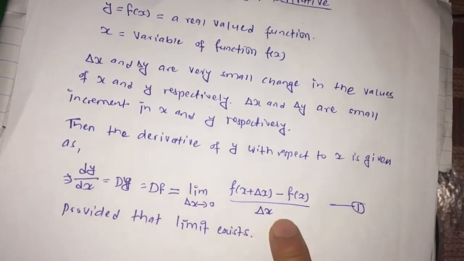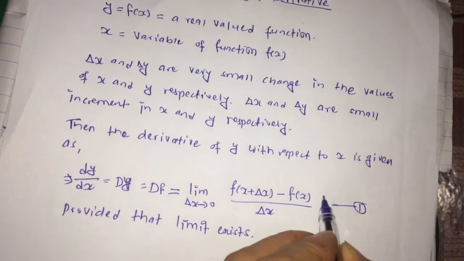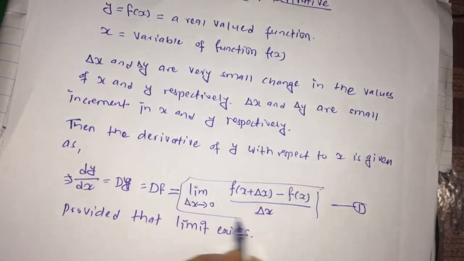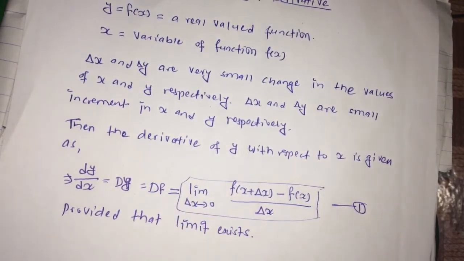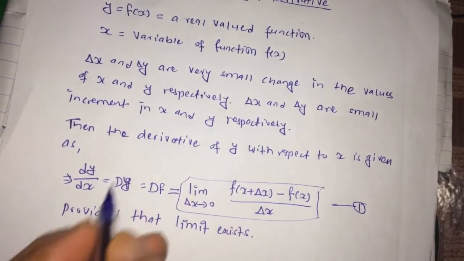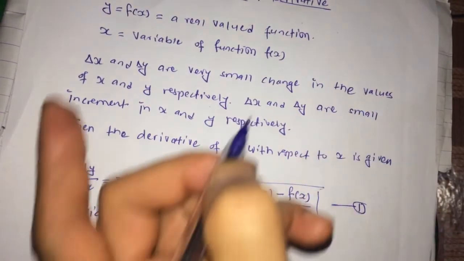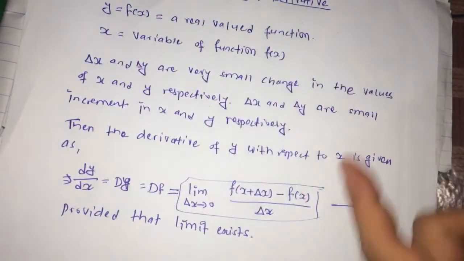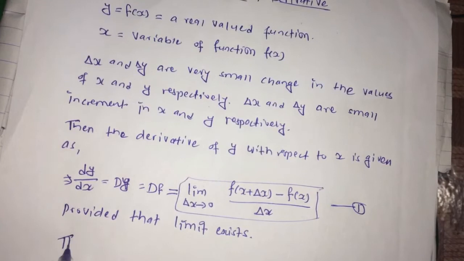This is the derivative, provided that this limit exists. For that, the limit of the function must be finite, and the process of finding the derivative of a function by applying this method is called the first principle of derivative.